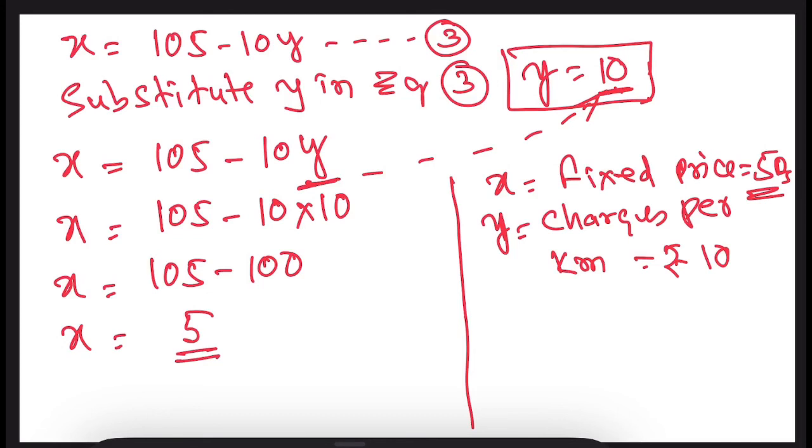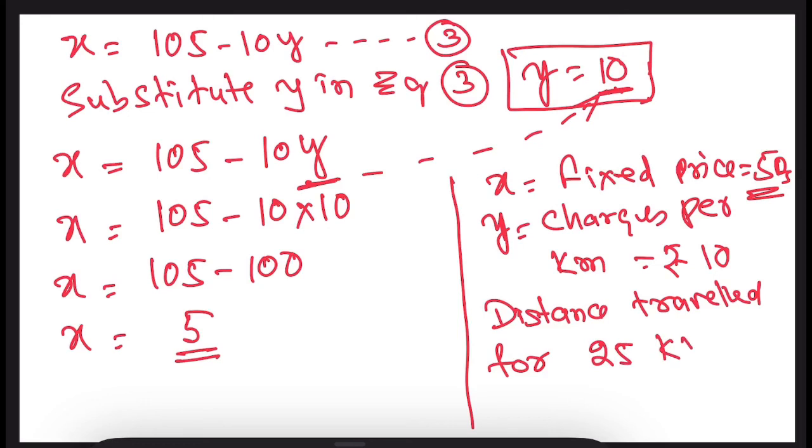The person traveled how much? Distance traveled is 25 kilometers. How much does he have to pay? So our total is fixed price plus distance traveled.